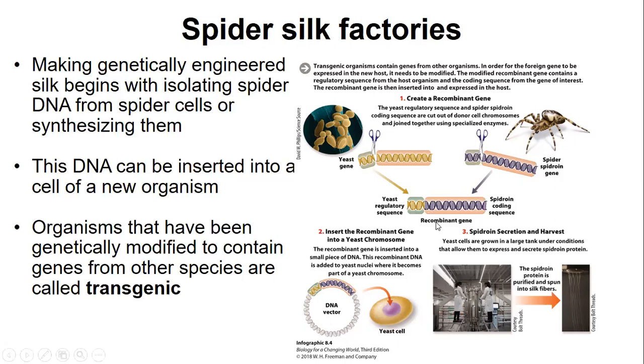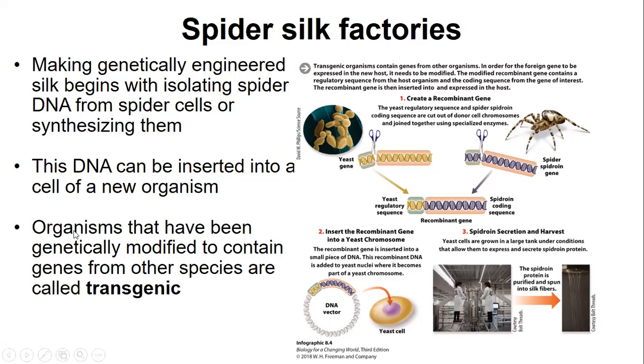We're going to combine them to create a recombinant gene, which then will be inserted into a DNA vector and into the yeast cell. So the recombinant DNA is inserted into a small piece of DNA. This recombinant DNA is added to the yeast nuclei, where it becomes part of the yeast chromosomes, which are now going to produce the regulatory sequence and the spider silk sequence, which is the recombinant gene.